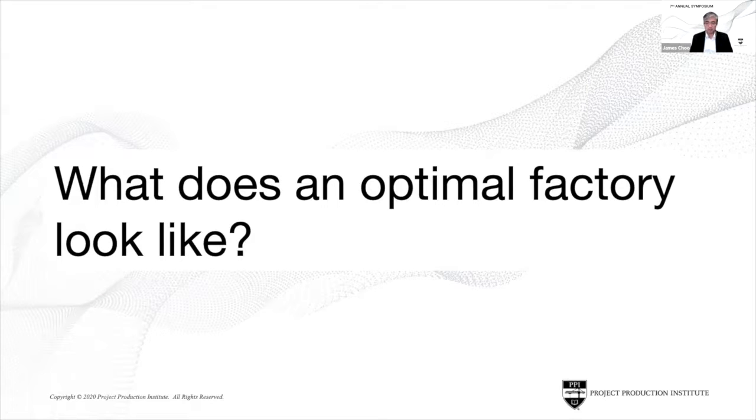All these things are something being produced. Even engineering documents are something being produced. So what does an optimal factory look like, and how do we do that using 5 levers? To give you a bit more concreteness, we're going to talk about the research projects that we're doing with Clark Pacific.